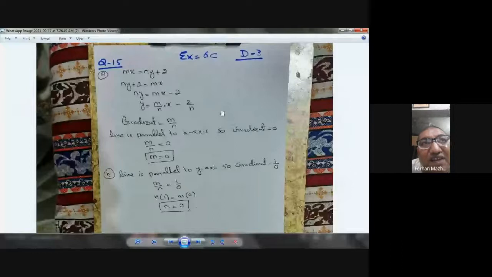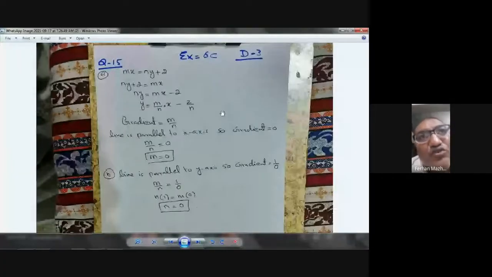You make y alone. So we will have ny plus 2 equals mx. So ny equals mx minus 2. This n is multiplying with y, so it will go to the other side and divide. So you will have y equals m divided by n multiplied by x minus 2 divided by n.